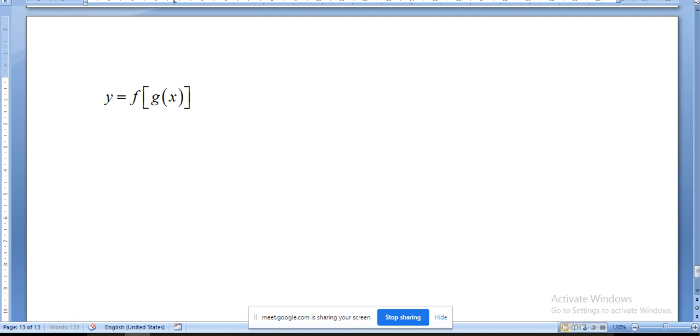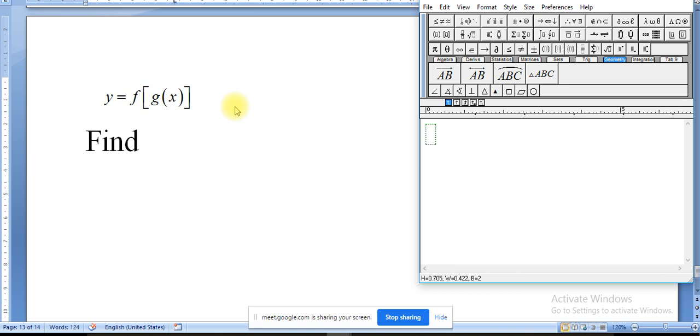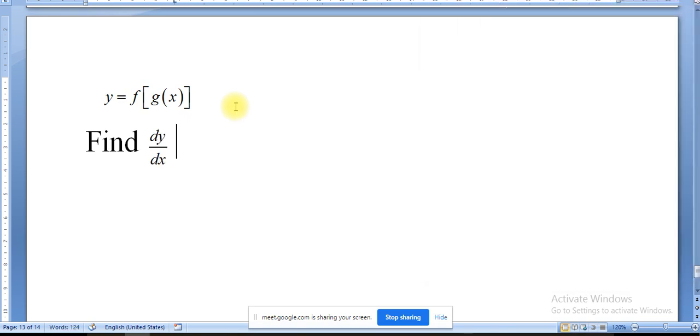So if I want to find the derivative, means they will ask us to find dy by dx, then what to do and how to do this. Here in this case, f is the outer function and g is the inner function. Now in the exam we don't have to write explicitly that this function is the outer function and this other function is the inner function.